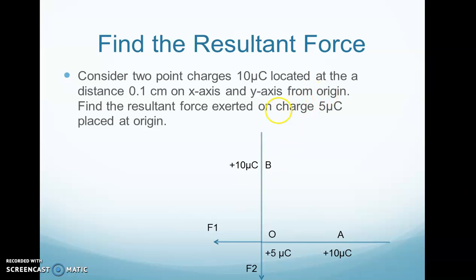Now find the resultant force on a 5 microcoulomb charge placed at the origin. So this is origin O. Now all charges are positive charges, so repulsive force will be there. There will be 2 repulsive forces. One is F1 and another is F2, right?